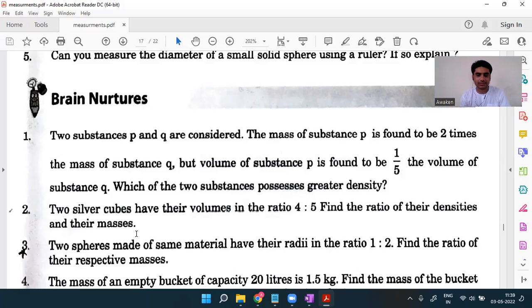Find the ratio. So if the density is the same, density equals mass upon volume. You solve it quickly right now. You have just 20 seconds. Quickly tell me the answer. The time has started now. 5 seconds gone. 10 seconds, half time over.